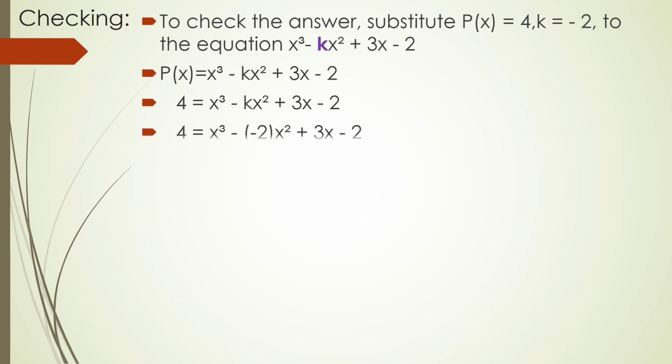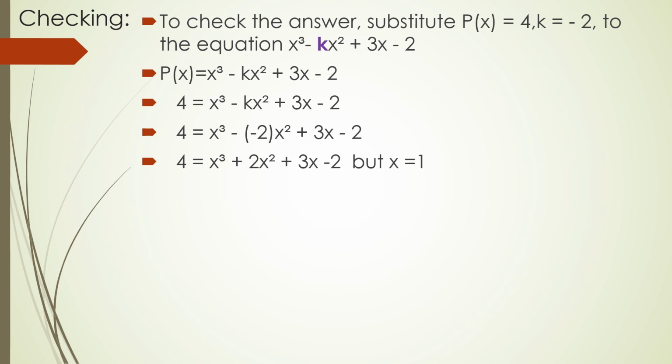And then, substitute k by negative 2. So, it becomes 4 is equal to x cubed minus quantity negative 2 times x squared plus 3x minus 2. Okay, so simplifying, we have 4 is equal to x cubed plus 2x squared plus 3x minus 2.